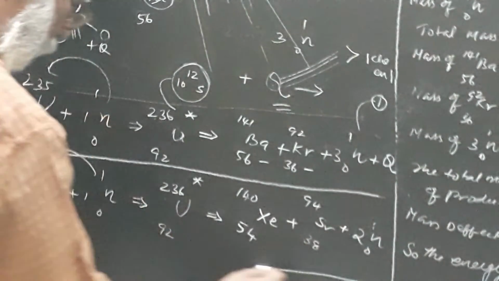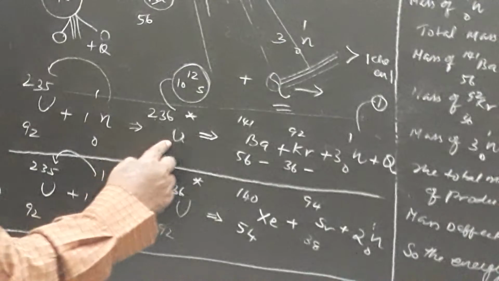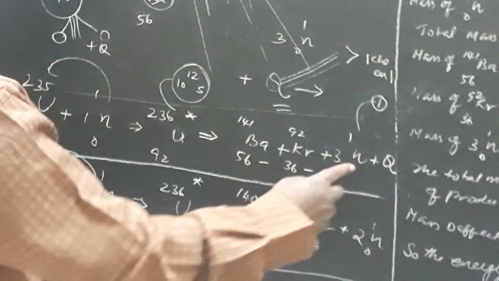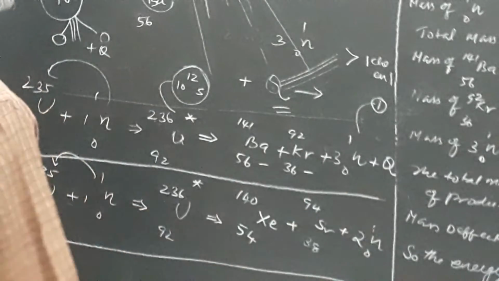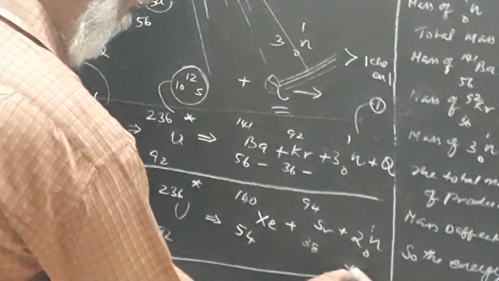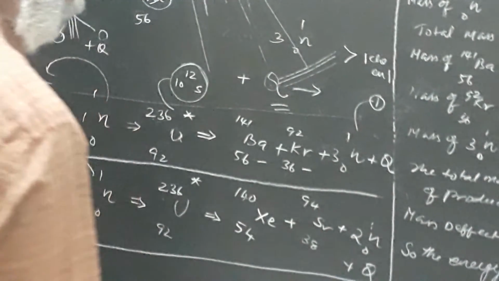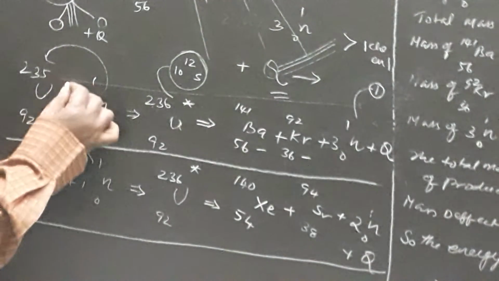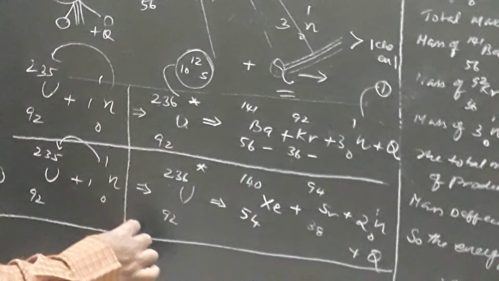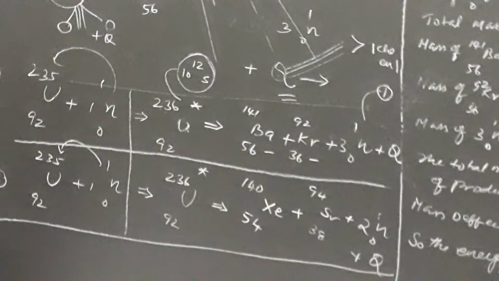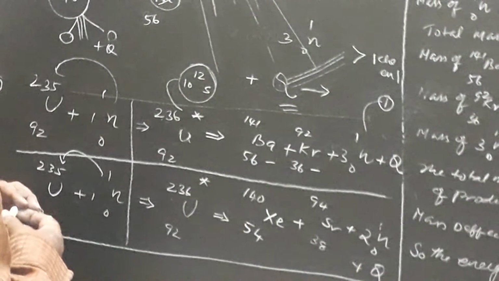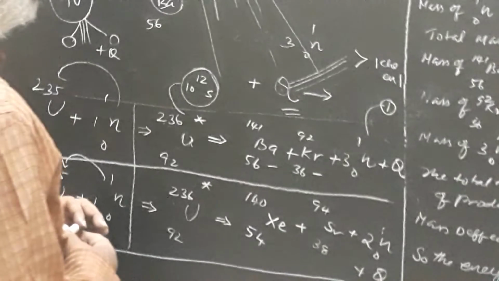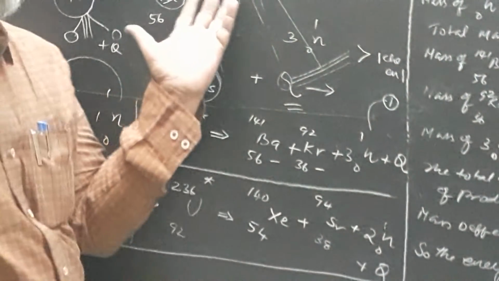This is another method. In the first method, there is 3 neutron emission. In the second method, only 2 neutrons are emitted with energy released. This is the most common decay process which happens for uranium. This is a fantastic phenomenon to explain the nuclear fission process.